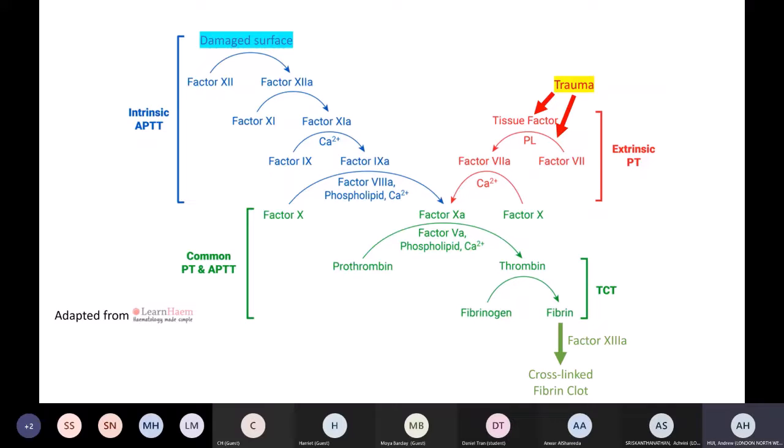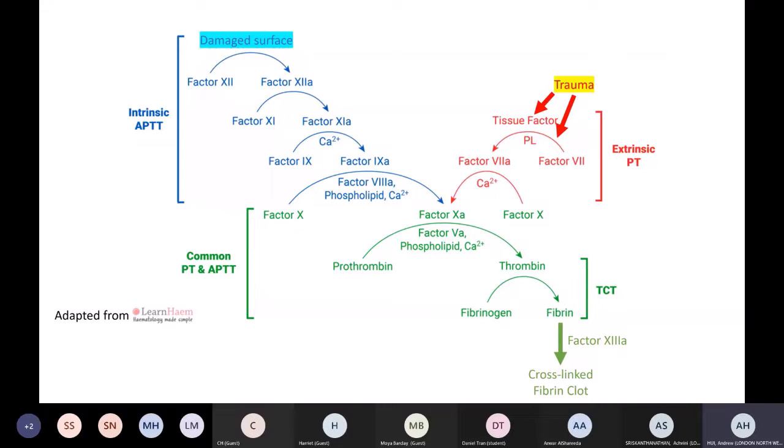So fibrin is formed by thrombin, and the production of thrombin is the common pathway. Then there are two pathways which lead into the common pathway. We have the extrinsic side, which is triggered by trauma or tissue damage resulting in the release of tissue factor. And then we have the intrinsic side, which is where damaged endothelial surfaces activate clotting factors that are free in the plasma.